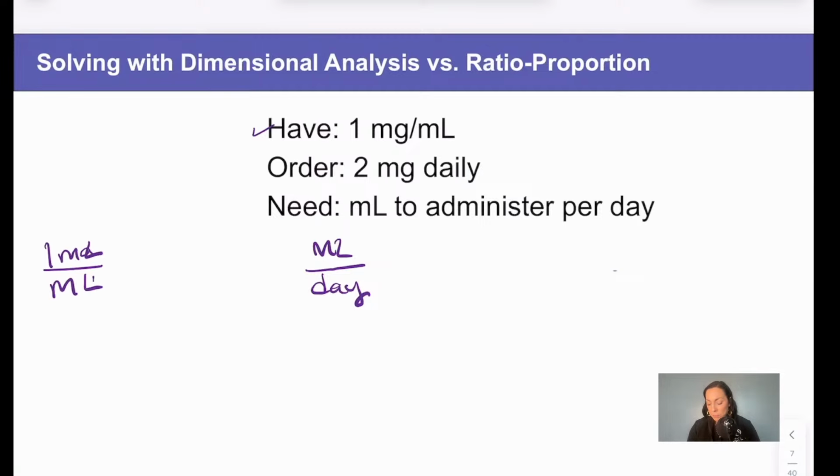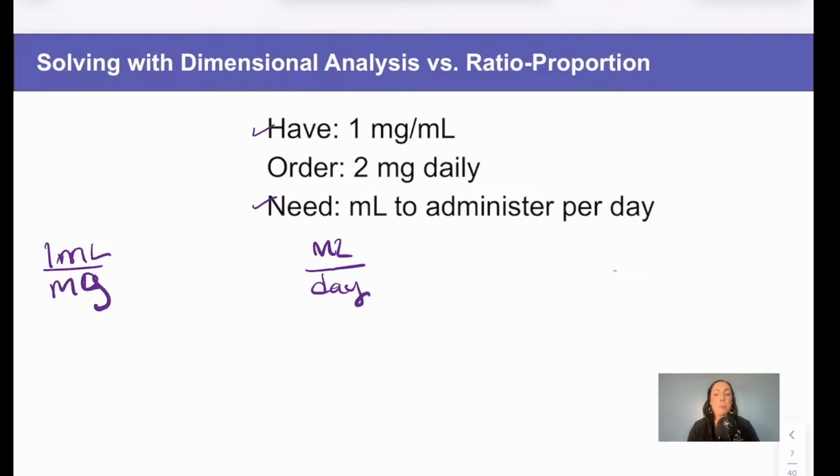Now the reason why I wrote it this way, where we're putting our milliliters on the top, is because we need to solve for our milliliters. So here we're going to put milligrams on the bottom. As I plug things in, I'm going to check them off, and that's just to make sure in a more complex problem that we've plugged everything in and not repeated anything. So the last thing we have here to plug in is our 2 milligrams per day.